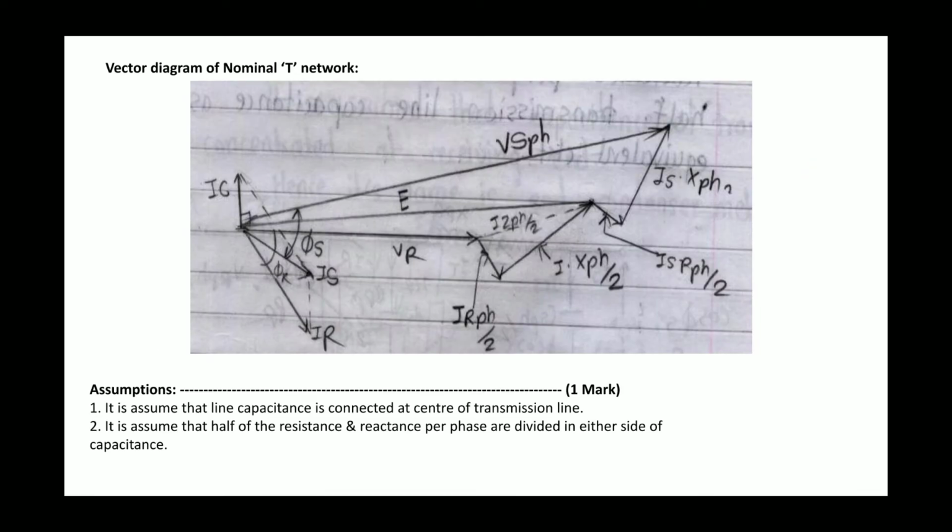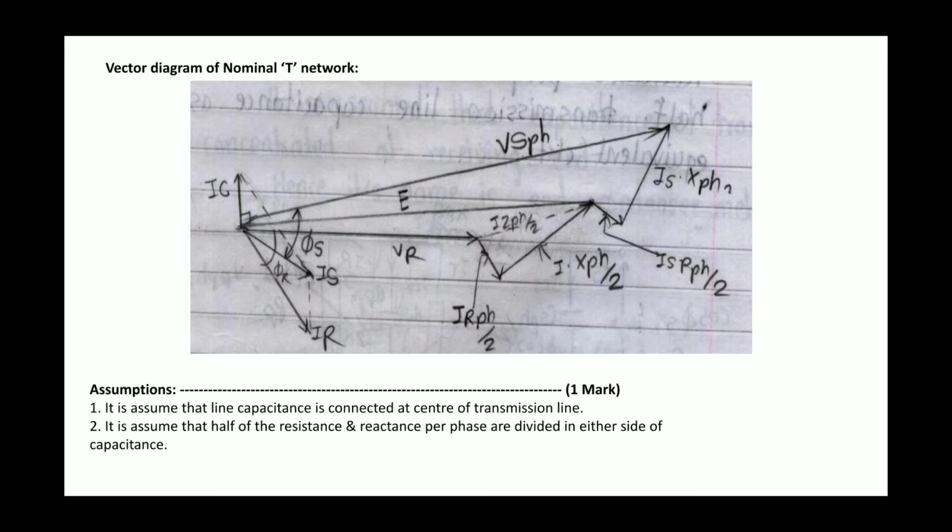So the reference is the voltage. Next, the current flowing in the resistor IRPH is in phase, so it is drawn in the same direction. Then next is the inductor, a pure inductor.